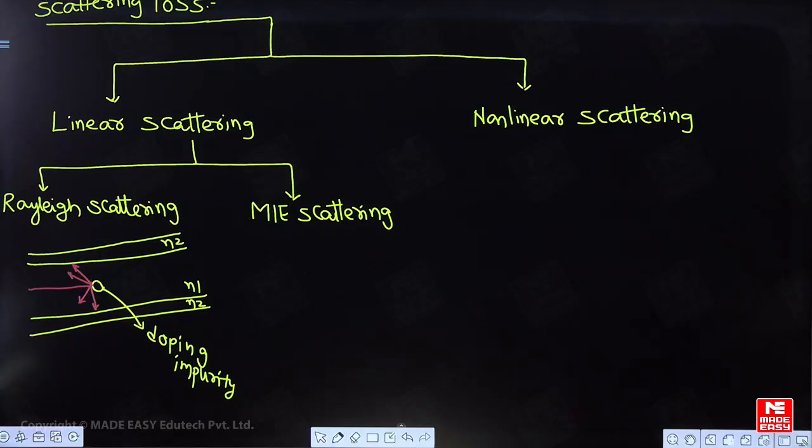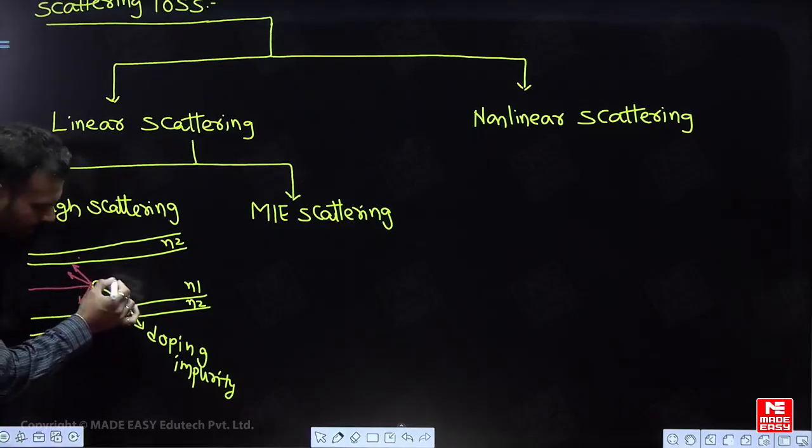Whenever the light is scattered in all directions, two things will happen. One is that the scattered light will escape from the core through into the cladding. Light which goes into the cladding is not useful to us, and only some part of the light will propagate down the fiber.